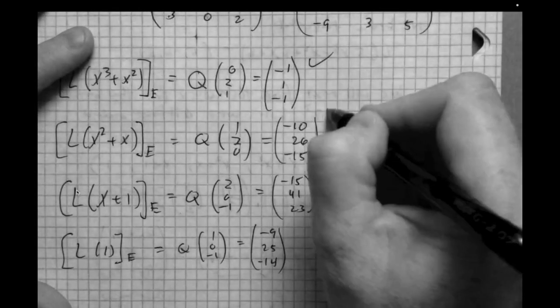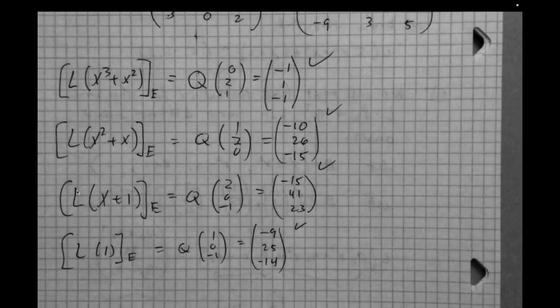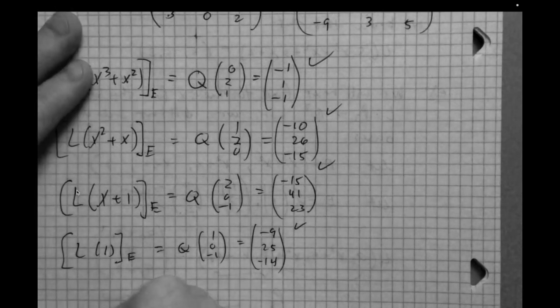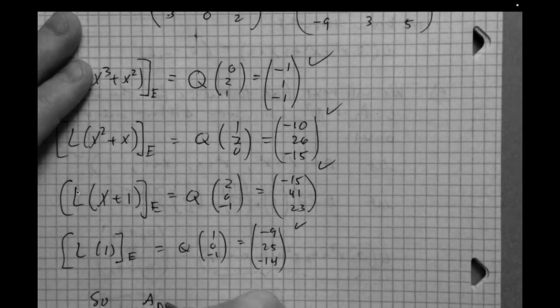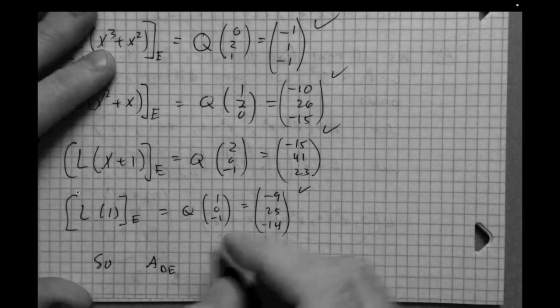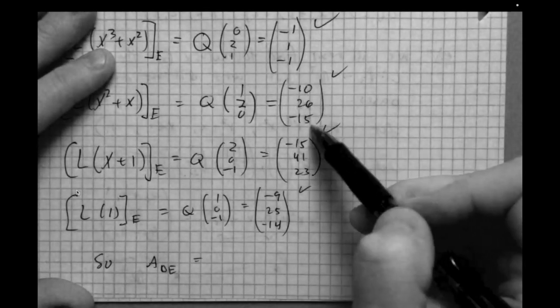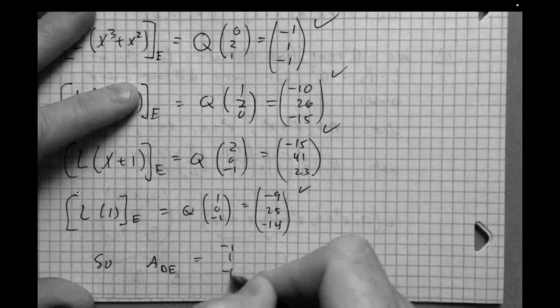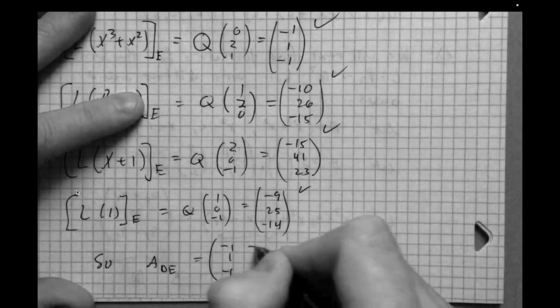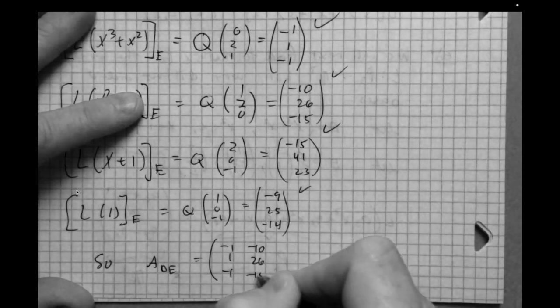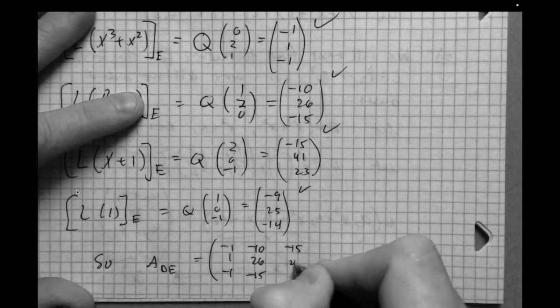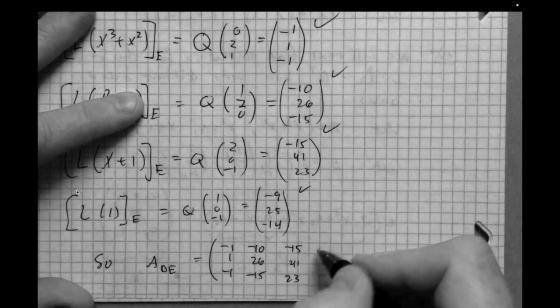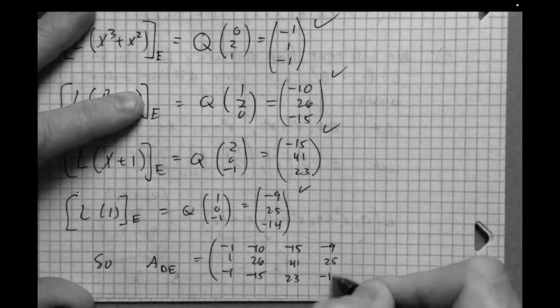Okay, so these 4 here are the columns of our matrix of the linear transformation, A_DE. So A sub DE is just going to be equal to this column bind: (-1, 1, -1), (-10, 26, -15), (-15, 41, 23), and (-9, 25, -14).